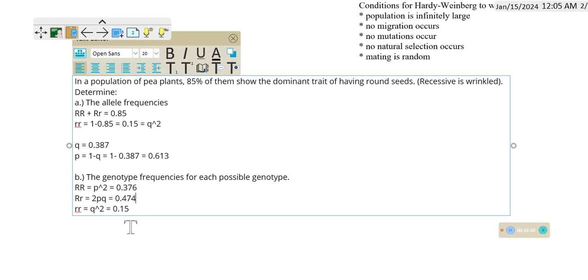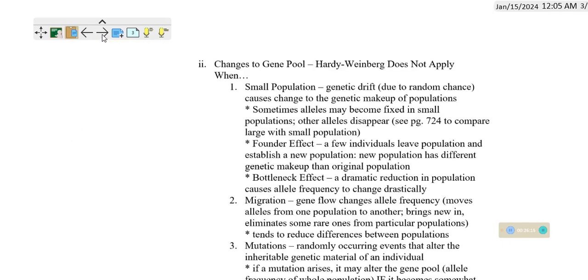That's really the hardest type of question you can end up with in Hardy-Weinberg stuff. All right. So we can do lots of math with those. You'll usually end up with a couple of Hardy-Weinberg type questions on your diploma exam. But some of the more interesting stuff is, well, when does Hardy-Weinberg not apply?